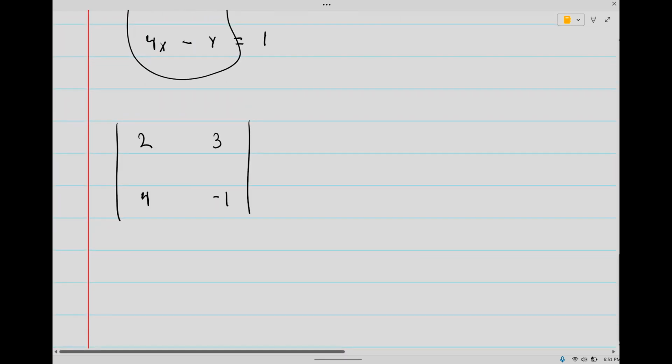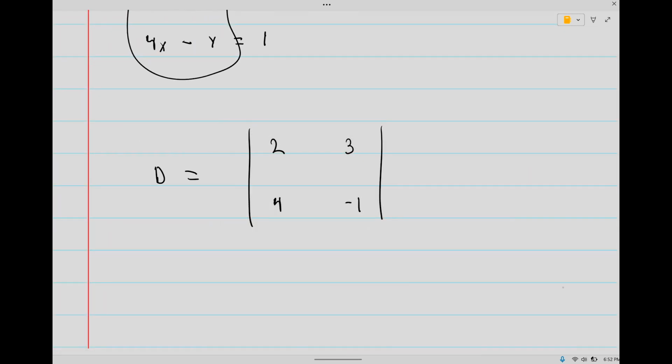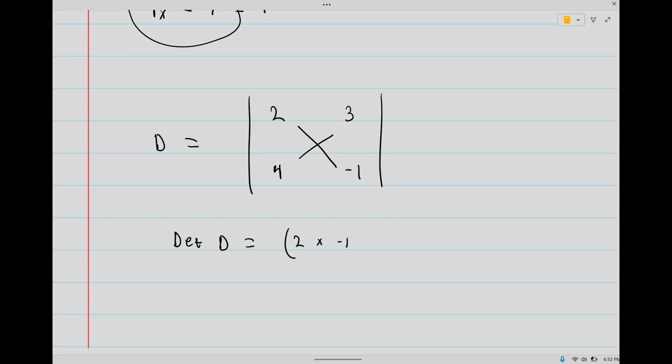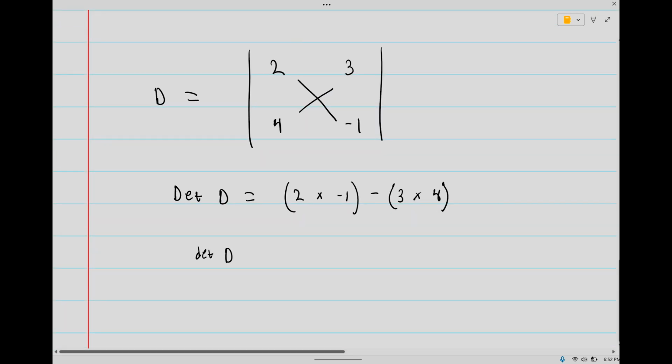I'll call this D. To find the determinant of this, you just multiply the diagonals and then subtract. So D is 2 times negative 1, minus 3 times 4. Oops, that's 4. And then determinant D is negative 14.